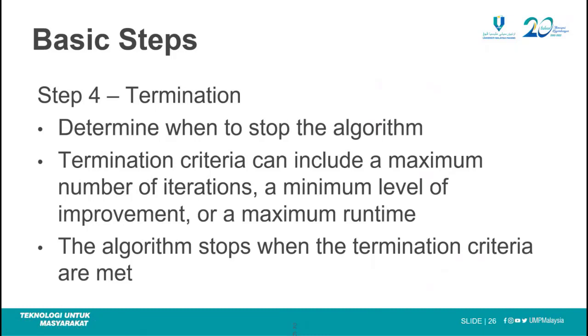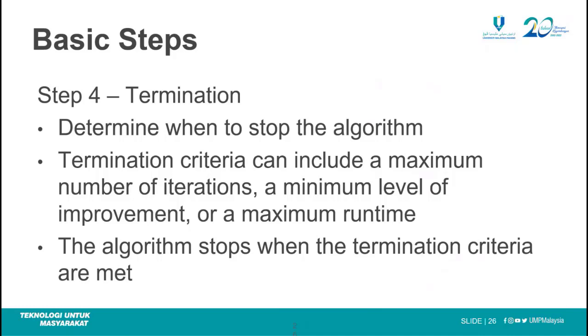Then finally, termination determines when to stop the algorithm. Termination criteria can include a maximum number of iterations, minimum level of improvement, or maximum runtime. So we can set when to stop our iteration and what criteria we use. The algorithm stops when the termination criteria are met.